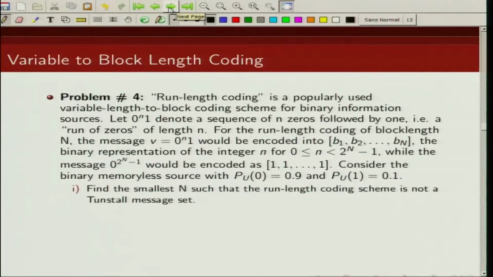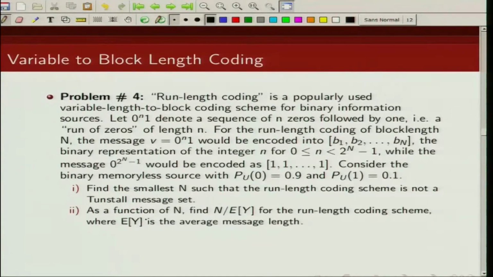Now, the question is as follows: find the smallest n such that the run length coding scheme is not a Tunstall message set. We need to find the smallest n such that the run length coding which we described here is not a Tunstall message set.